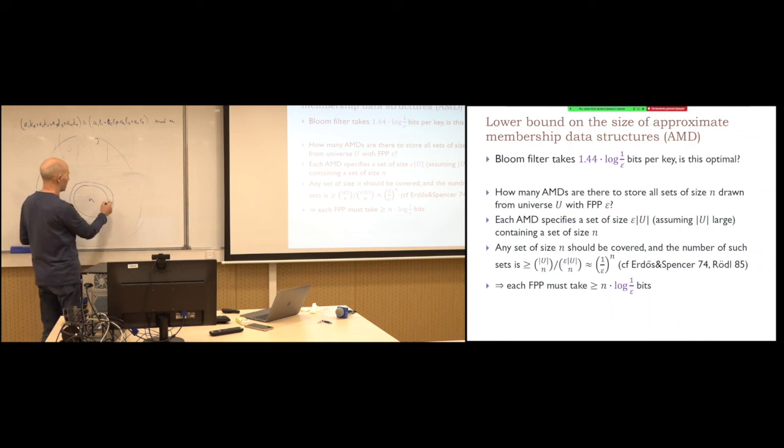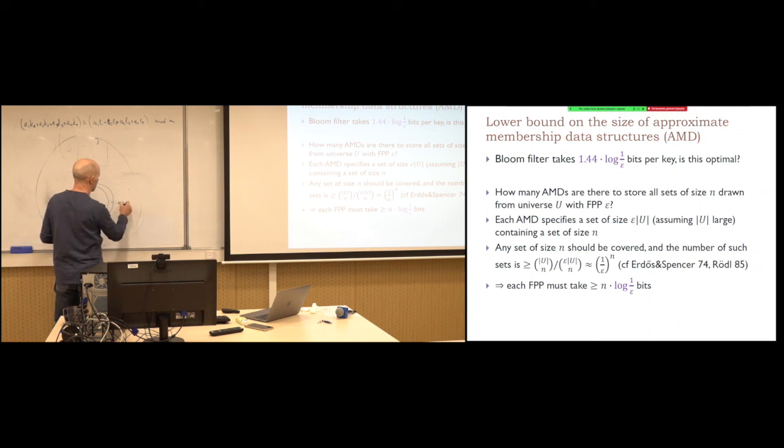The cardinality of these false positives is epsilon u. I should write epsilon u minus n, but u is huge with respect to n, so I neglect it.